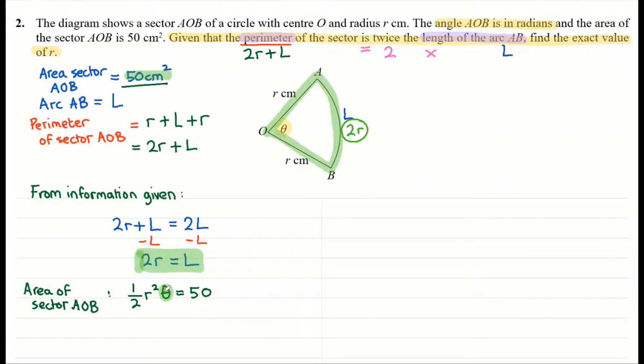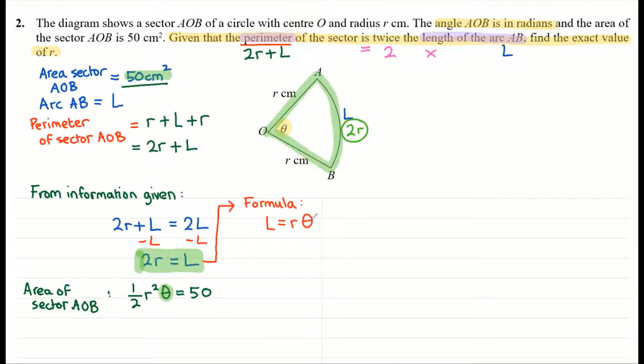Well, we can use the step above. So I'm just going to go back to this. Remember, this is the arc length, L. So we know from the formula that L is equal to R theta.